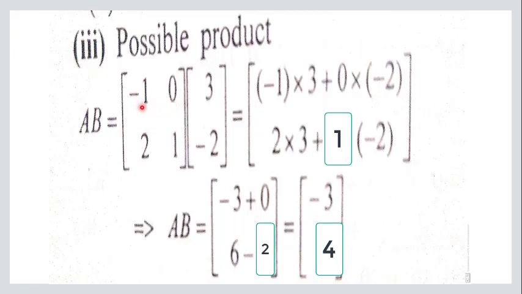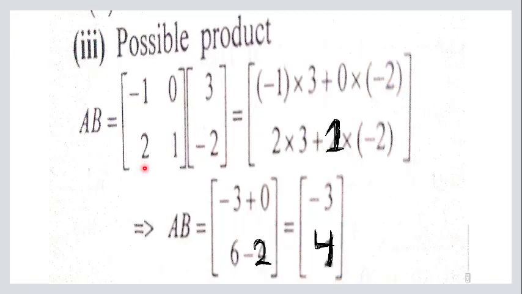Alright, now you just need to multiply this -1 with 3 and then the second element 0 with the second element in the column -2. -1 multiply 3, and then in the center I will write plus and then second element is 0 in the first row and second element in the second matrix is -2, so I will multiply 0 by -2.